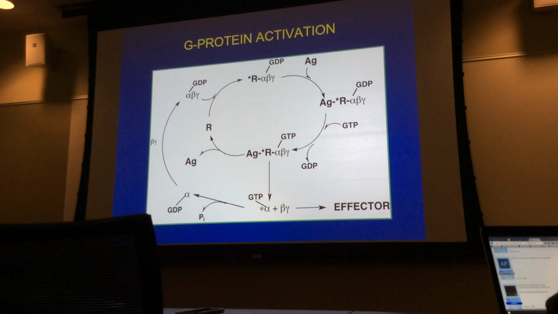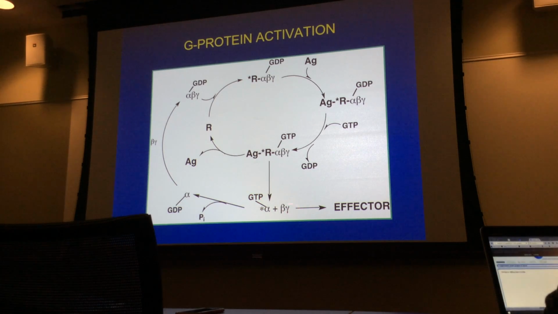So some effectors will bind directly with the activated G alpha, and some effectors will bind to the naked beta gamma. Now, no effector will bind to alpha beta gamma when they're together. They can only be activated or inhibited if these two subunits have been dissociated from one another. So both the activated form of G alpha and beta gamma are transducers. They activate or inhibit the effector.